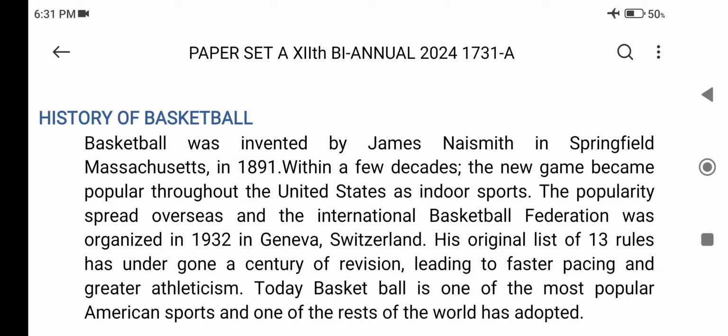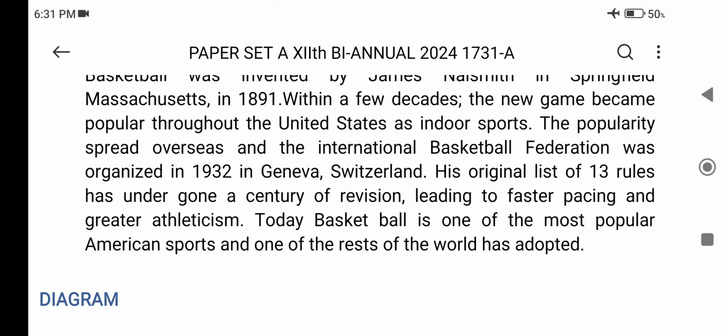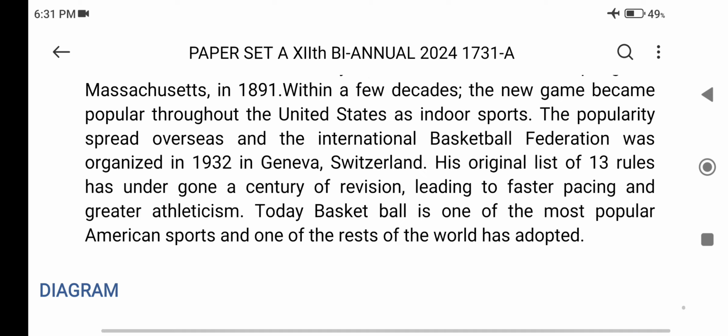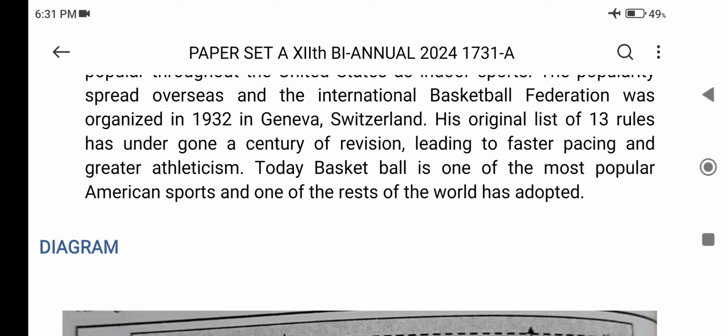History of basketball. Basketball was invented by James Naismith in Springfield, Massachusetts in 1891. Within a few decades, the new game became popular throughout the United States. As an indoor sport, its popularity spread overseas, and the International Basketball Federation was organized in 1932 in Geneva, Switzerland.